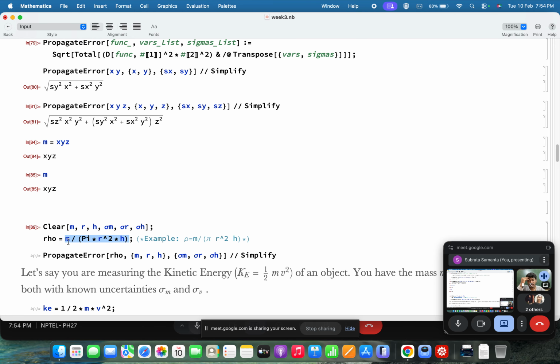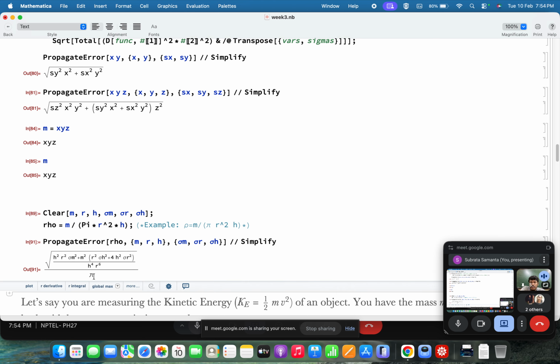How many variables do I have? It is 3 variables, m, r and h; pi is a number. And the standard deviations are sigma m, sigma r and sigma h. So we calculate the error, you see.